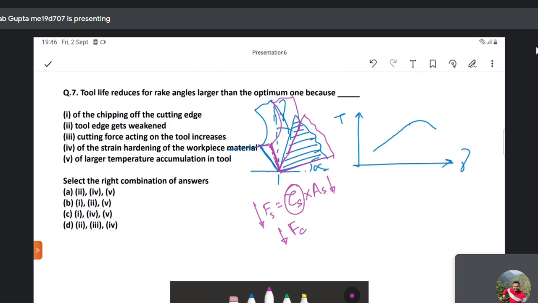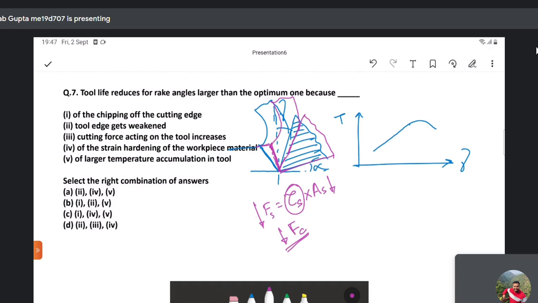So you need less force to deform the material. That is the reason why increasing the rake angle will give you a higher tool life, because you are subjecting it to less cutting forces. That's why the tool life is increasing initially.